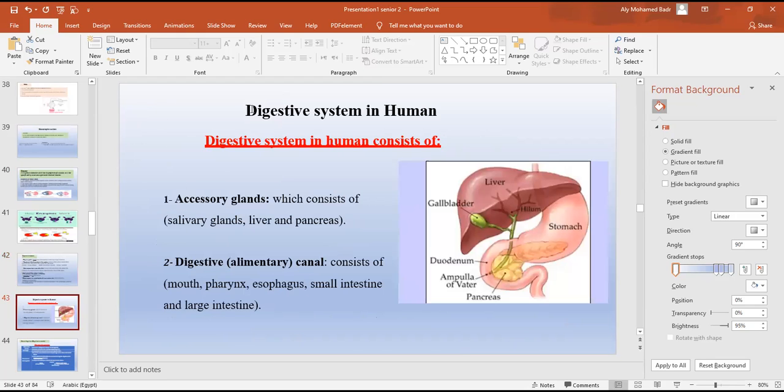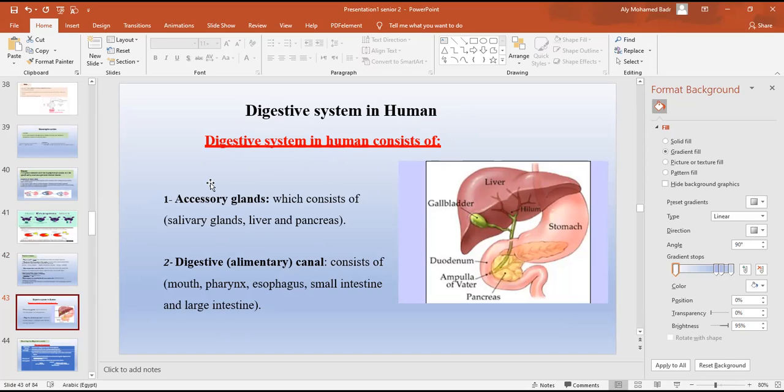So let's move to the digestive system in human beings. The digestive system in the human consists of two main parts. First, we know that after we take our nutrition, the enzymes help the reactions to occur.